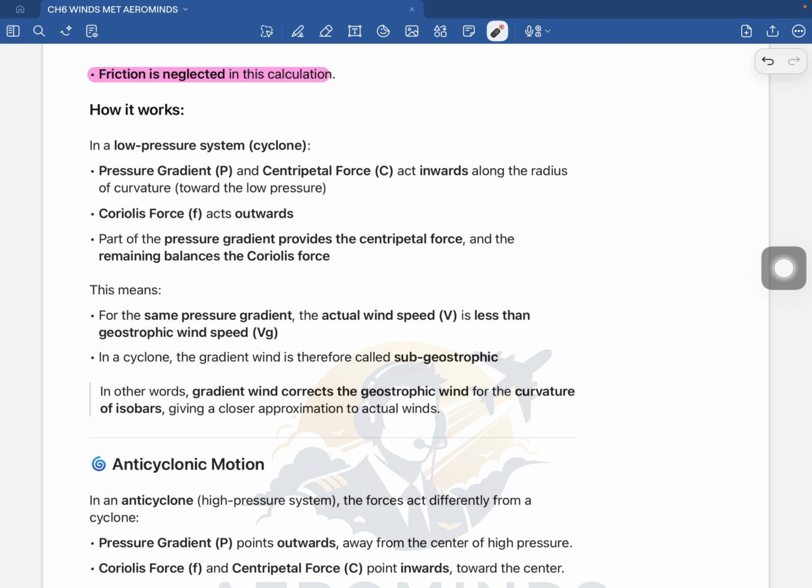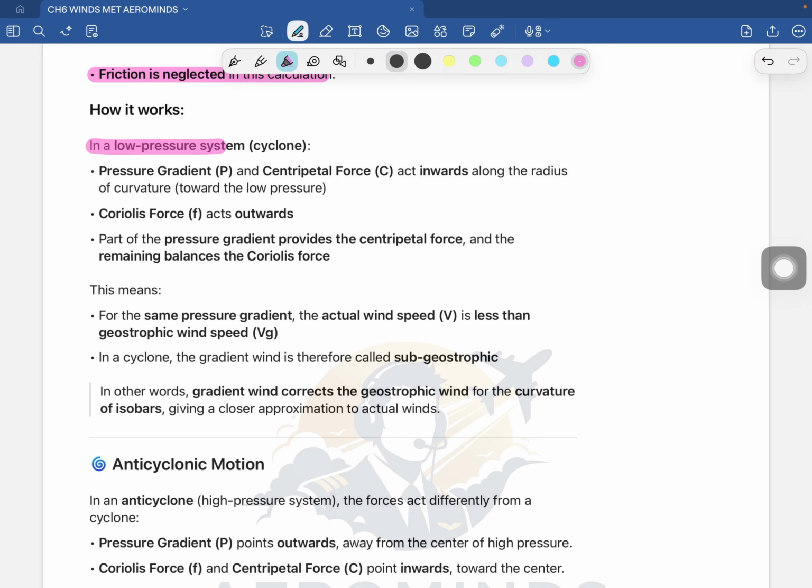Remember, gradient wind corrects the geostrophic wind for the curvature of the isobars and gives a closer approximation to the actual upper surface winds. So remember this also.